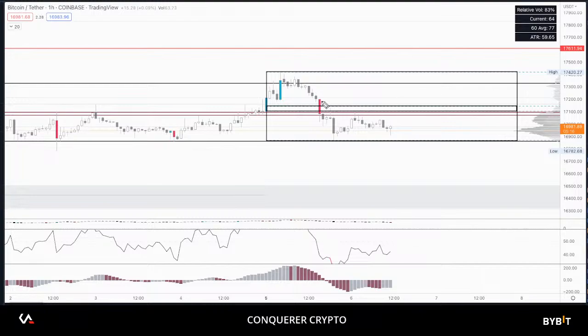So anything like this, any run, that's a short. And there's a local resistance right there.